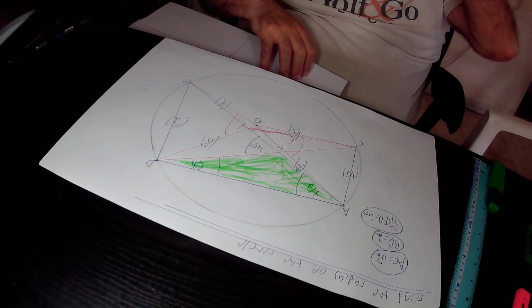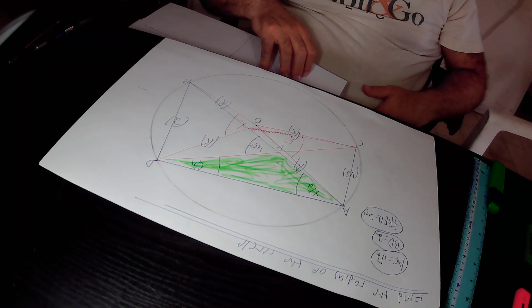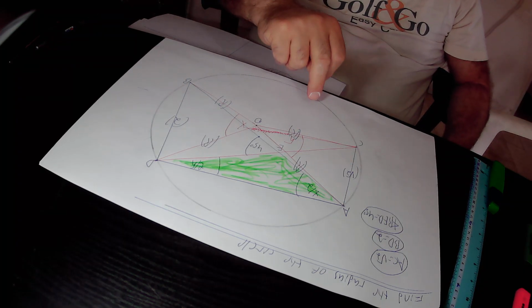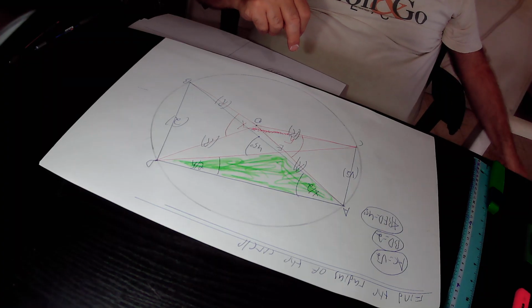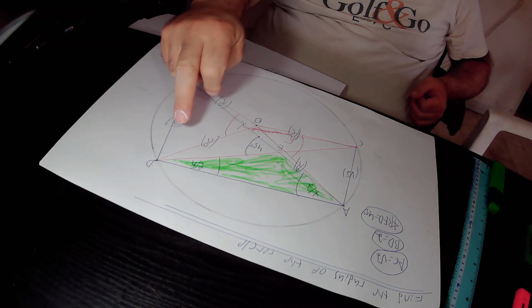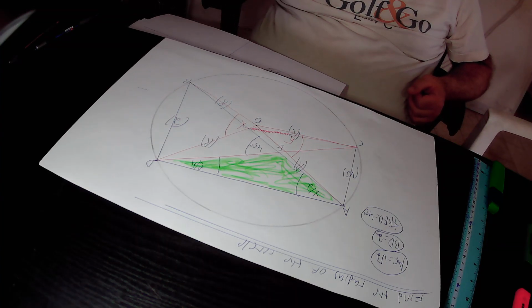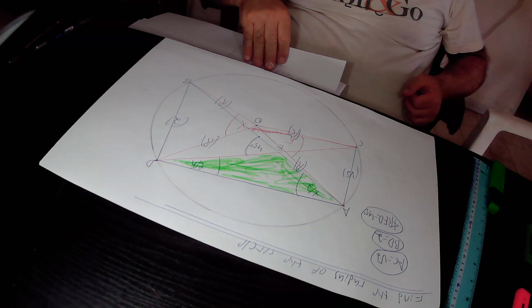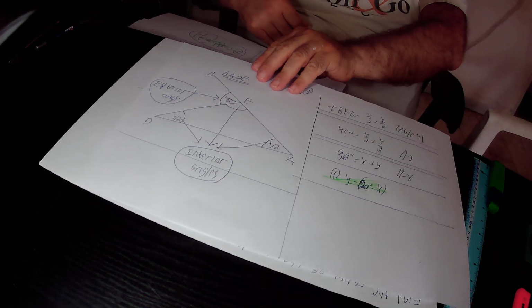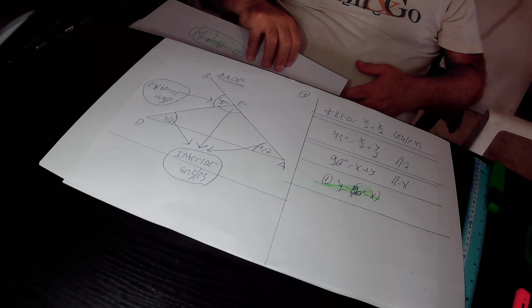Okay? So, in the next step, we copy the green triangle DEA in a new page, and we implement Rule 4 in this triangle DEA. This is triangle DEA, that is copied from the original drawing.